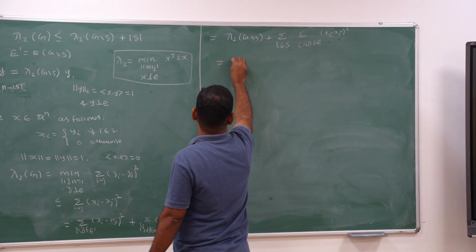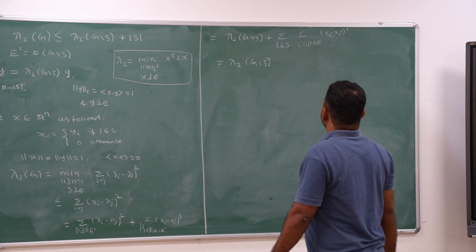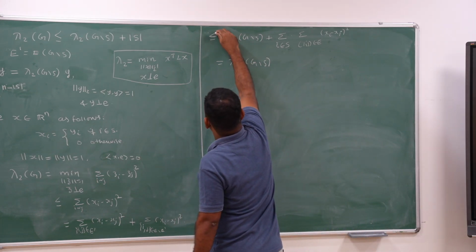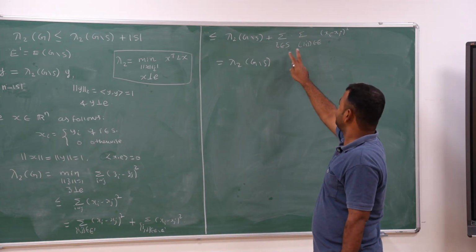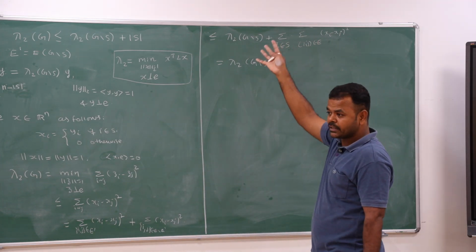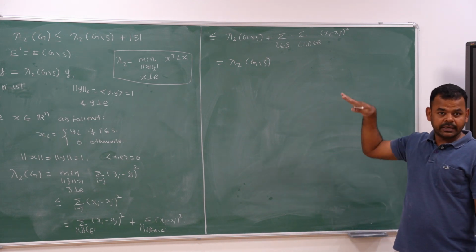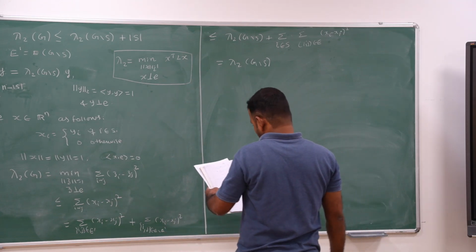So this is equal to, maybe here I can put a less than or equal to, because I am considering only some i's. Some of the edges may have both ends inside S complement itself, so you can keep a less than or equal to here. That will not affect our work.